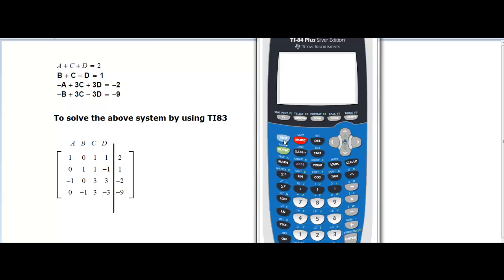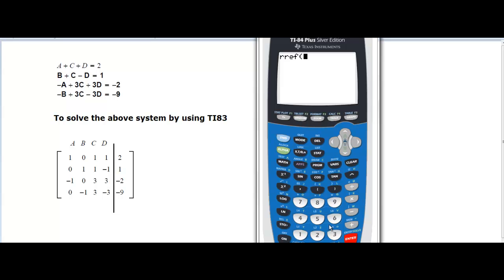Now we go back to matrix. Now we want to do math with it. So what we are going to do now is what is called row reduced echelon form, RREF.